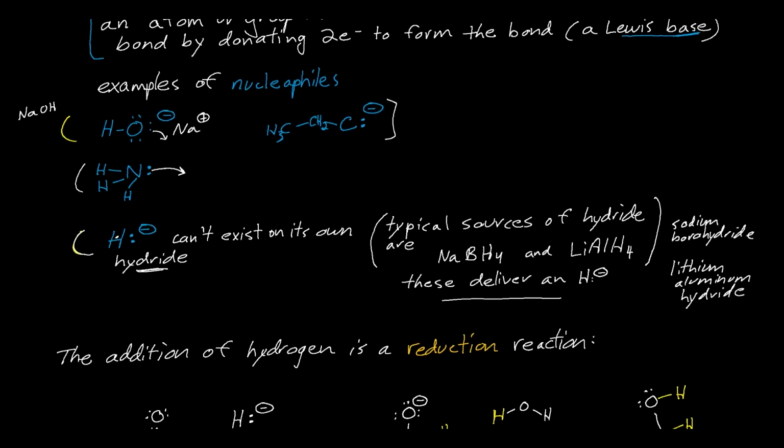But we will see more on this a little later in the course. Important for forming new carbon-carbon bonds, really the ultimate in organic chemistry. And this is typically paired up with something else too, but we'll just see that later.